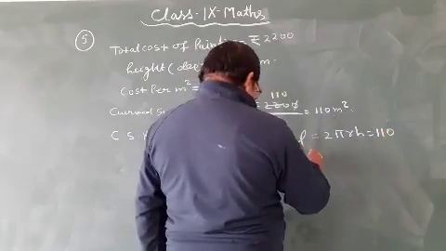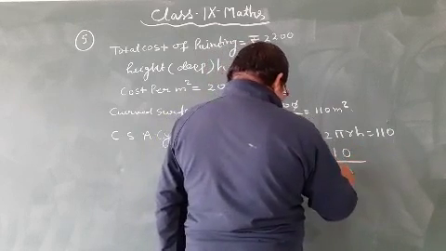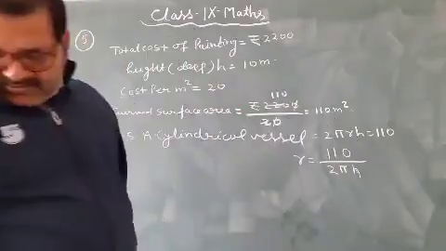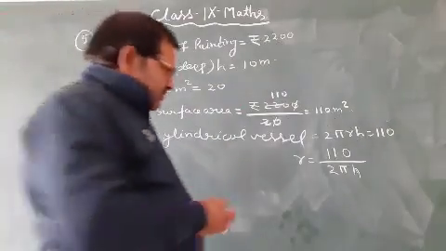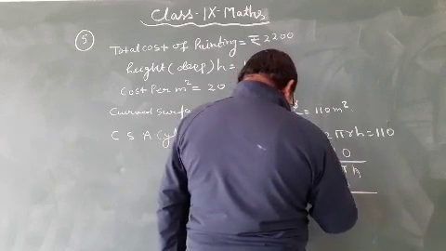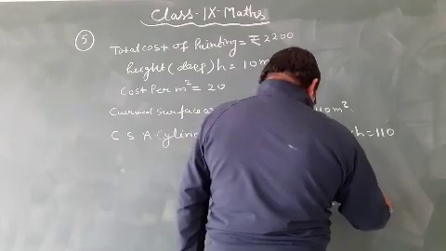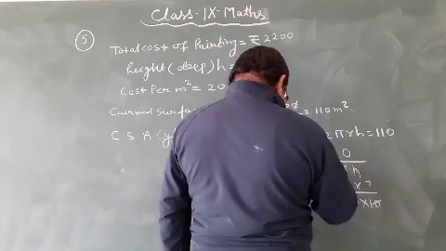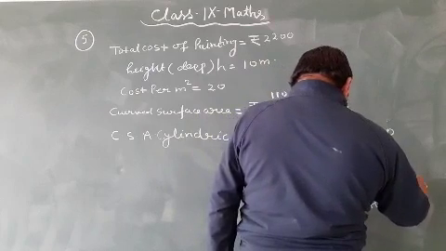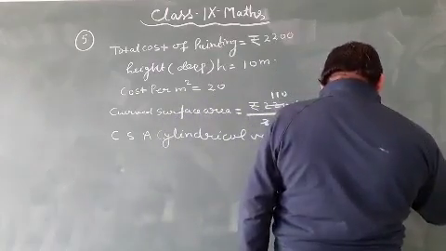So r is equal to 110 upon 2 pi h, which is 110 upon 2 into 22 by 7 into 10. That gives 7 by 4, which is 1.75 meter.